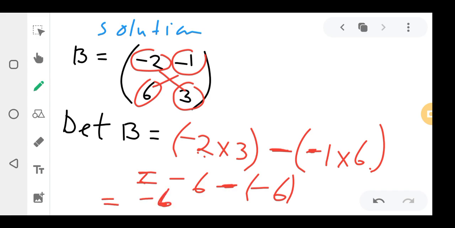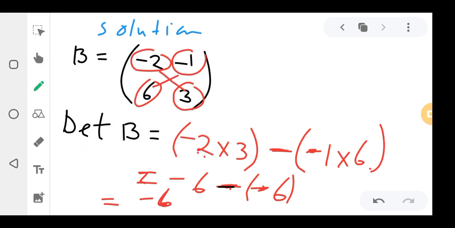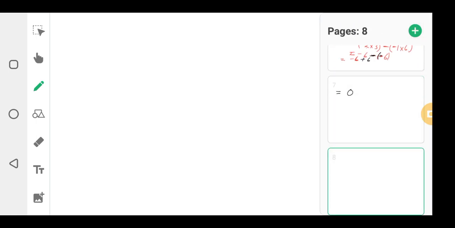These 2 negatives, the negative here and this negative here, they form a plus. Two negatives multiplied will give you a positive. Okay? So negative 6 plus 6, the answer is 0. The answer is going to be equal to 0. Okay? So it applies just like that.